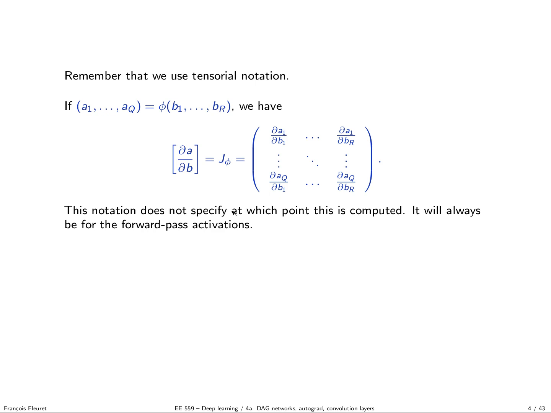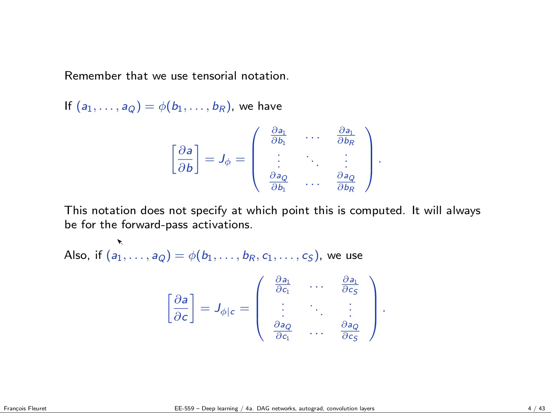As always, this notation for simplicity does not specify where it is taken, because all those quantities depend on the B at which they are computed, but it's usually non-ambiguous. In the context of deep learning, it's always for the activations you compute during the forward pass.